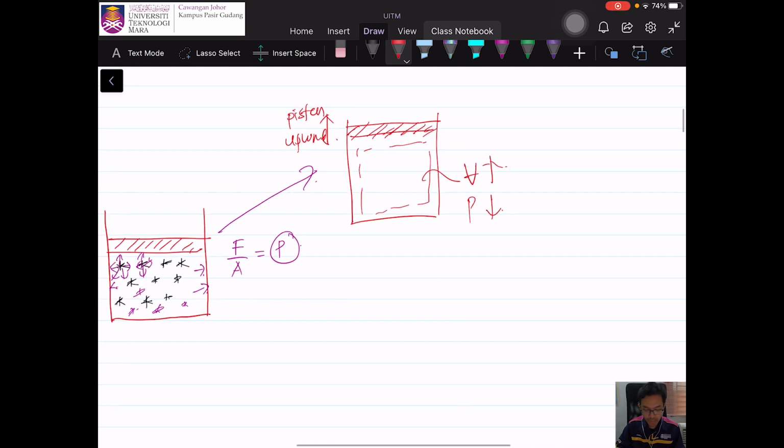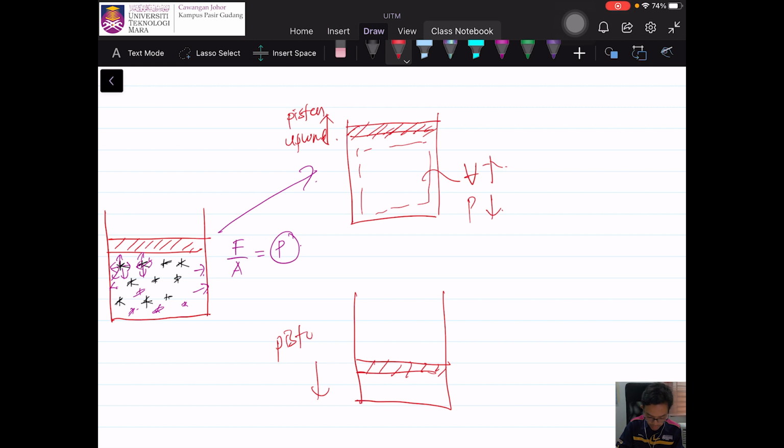If I reverse this process, which means I bring the piston downward, what happens to the boundary of the system? The boundary will be smaller, so the volume is reduced. What will happen to the pressure? The pressure will be increased.